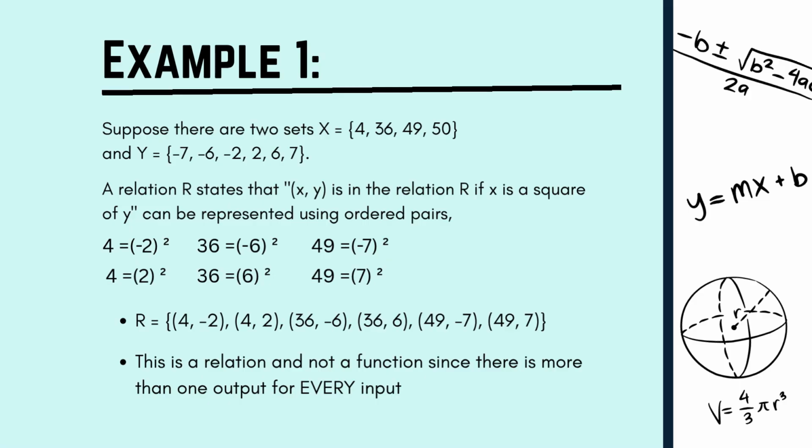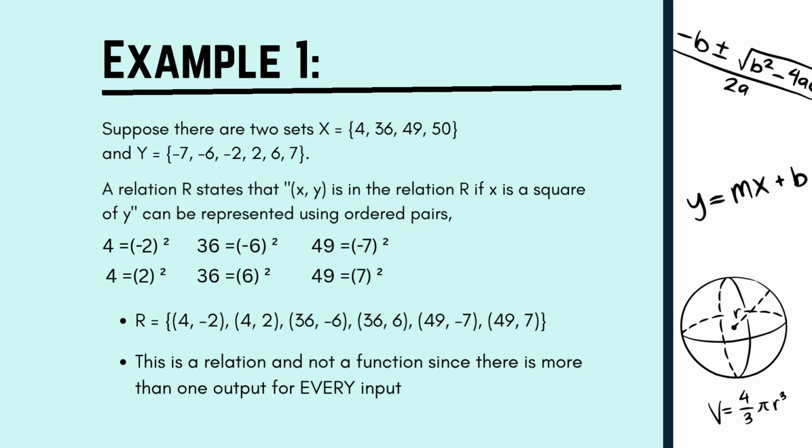After that, we substitute the values of x and y into the relation x equal to y squared, and we will get the relation R. So this is a relation and not a function, since there is more than one output for an input. For instance, input 4 will get outputs of -2 and 2.